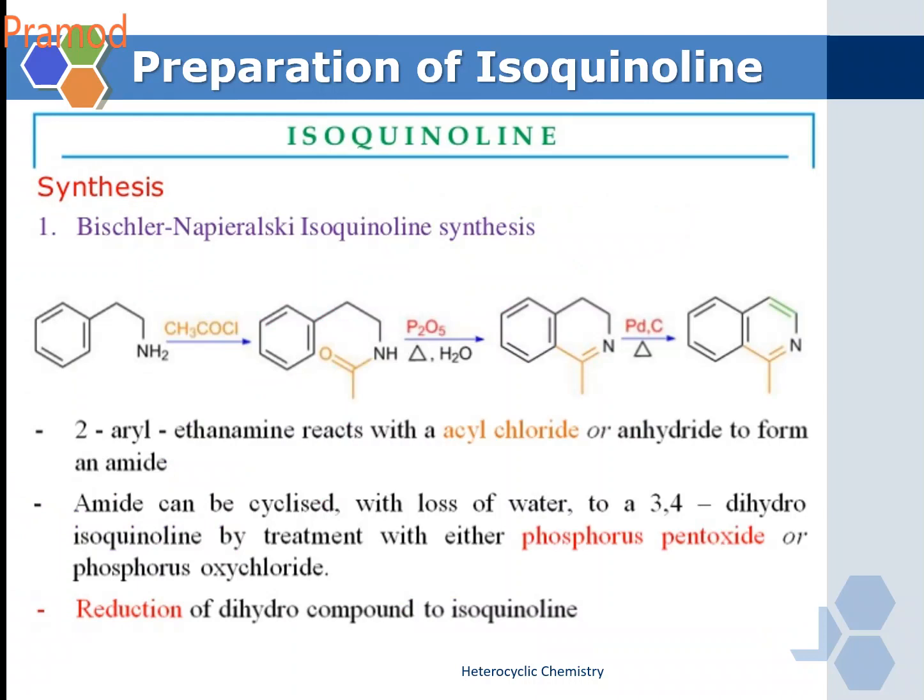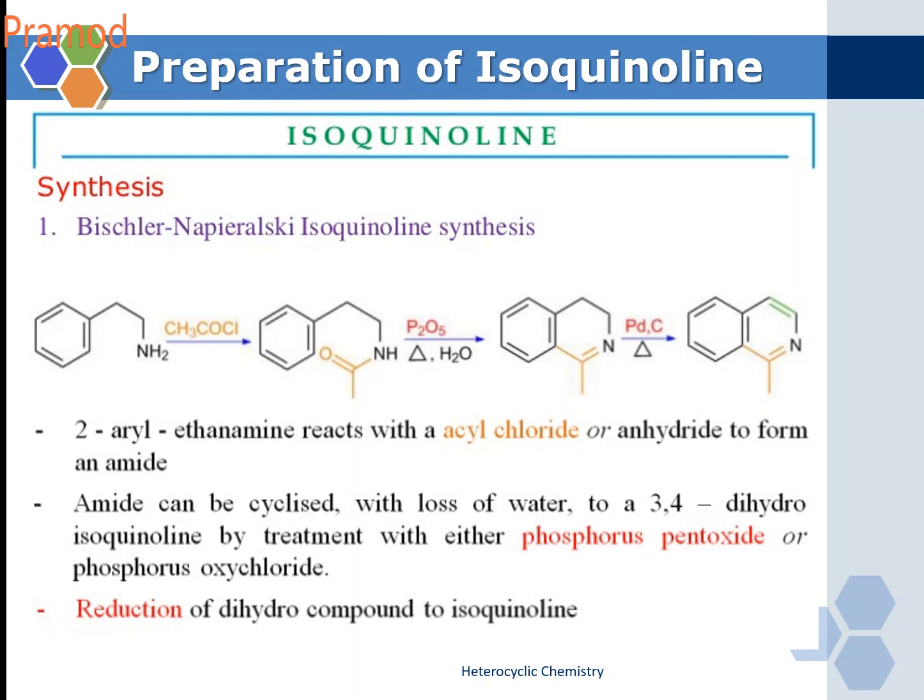Now let's go for the synthesis. First method: you take 2-aryl ethylamine, that is 2-phenylethylamine, and react it with acetyl chloride. The amine reacts with acetyl chloride to give the acylated product. When you heat it with phosphorus pentoxide, it undergoes cyclization by a dehydration process.